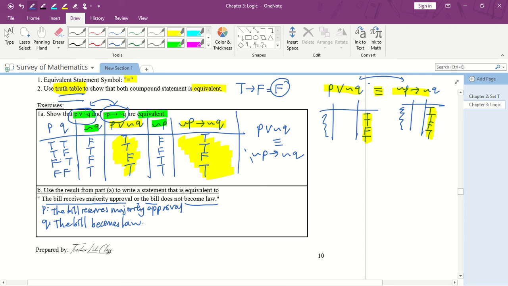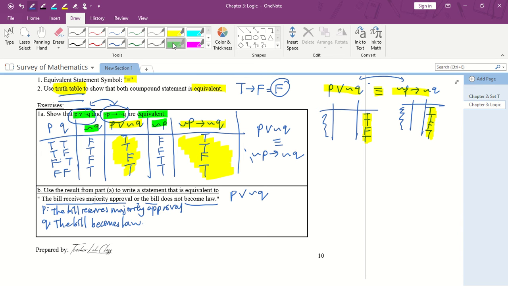Now we got our P, we got our Q, and now we will need to write this statement in symbolic form. So this bill receives majority approval, so P. And here says or, the bill does not become law, which means that it is a negation of Q. So P or negation of Q.